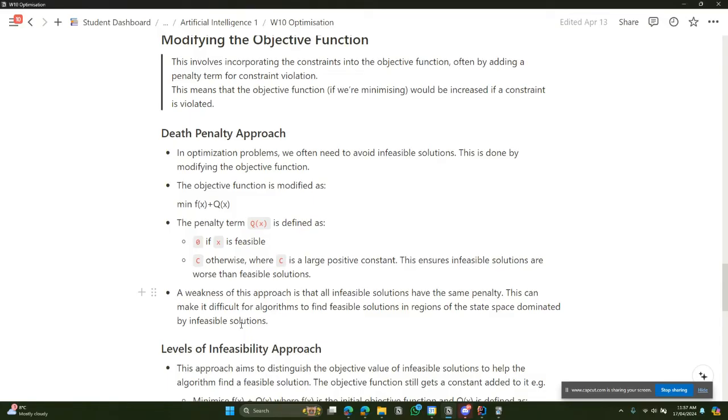It could almost be feasible because of the way we wrote the constraint. Perhaps instead of writing a less than or equals to in the constraint, we wrote a less than, and therefore solutions equal to that won't be within the feasible region. But the ones that equal to that would be way less infeasible than the ones which are wildly off.